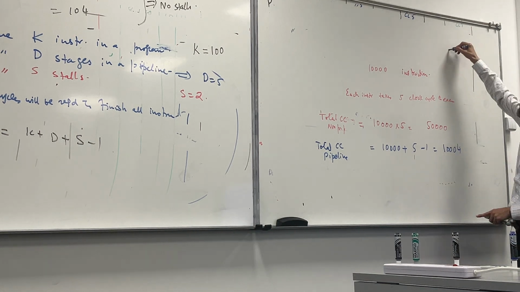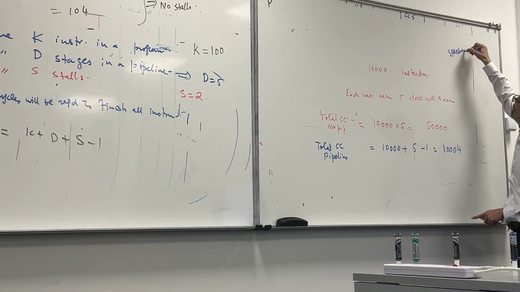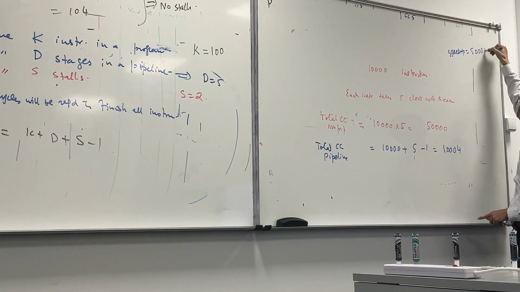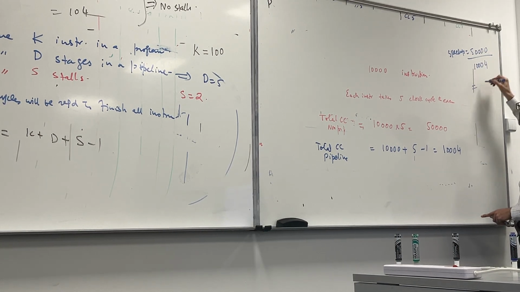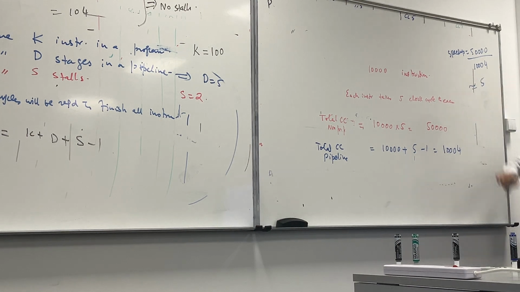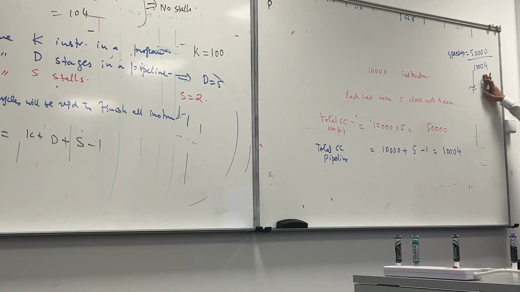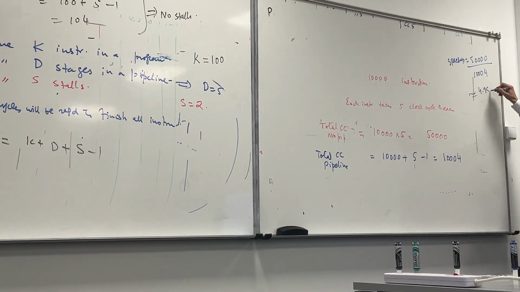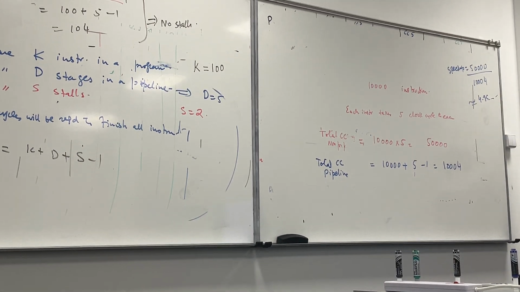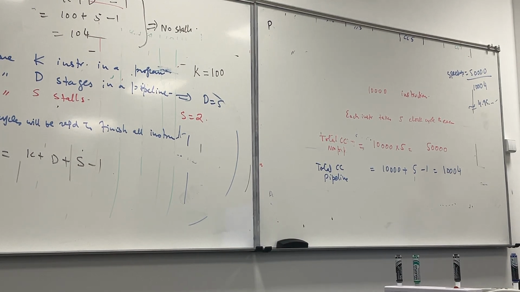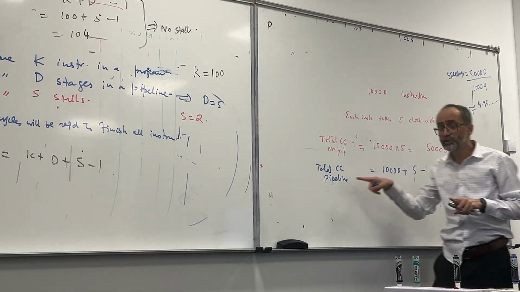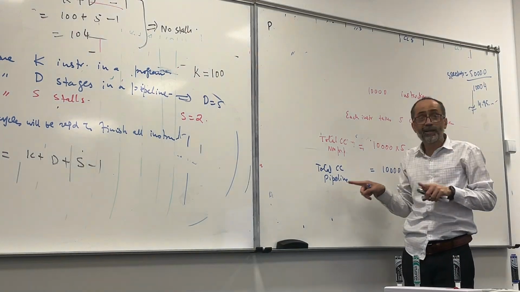It is approximately equal to 5. If you calculate it, it will actually be 4.99 something, which is approximately 5. But the problem is that here we are assuming there are no stalls.